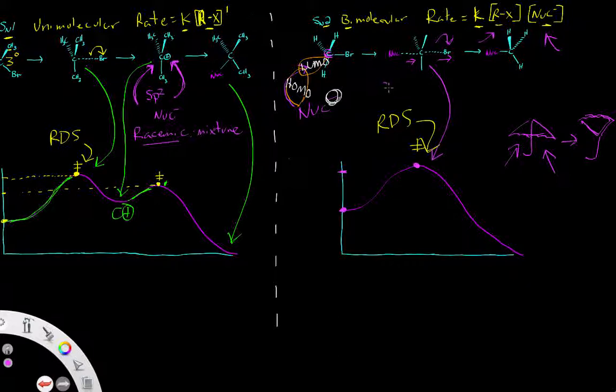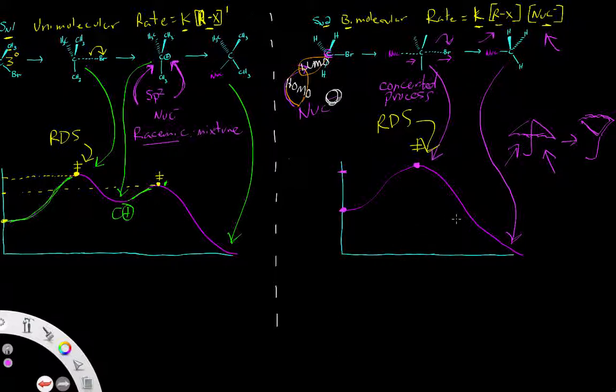So I might as well write that too. So this was all concerted. And so by concerted process, we are just going to have 1 transition step, and from that we can see that our final product is going to be right here.